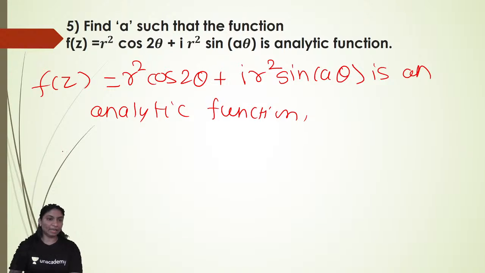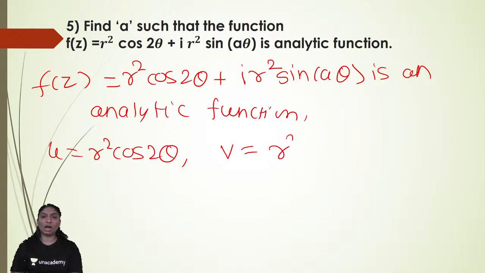Then we can write f of z, here u is equal to r square cos 2 theta and v is equal to r square sin a theta, right?